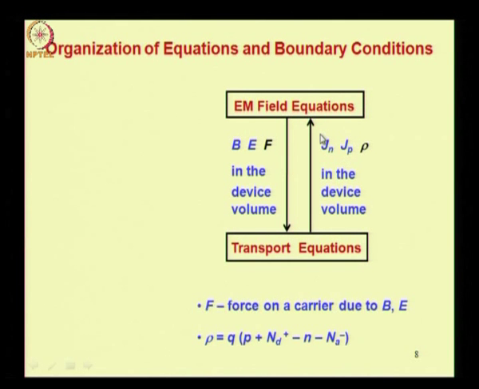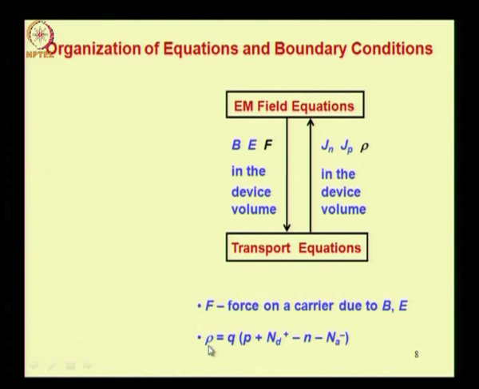So these current densities are obtained taking these quantities as inputs, B, E and F. You also get the carrier concentrations for electrons and holes, which together with the impurity concentrations or doping level give rise to the value of the space charge.